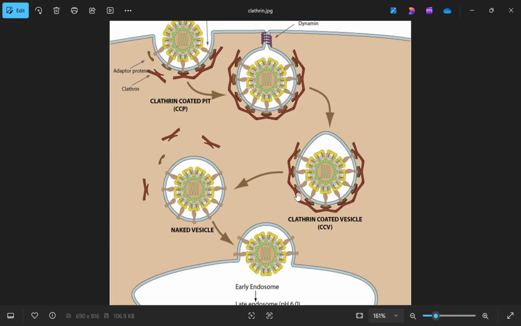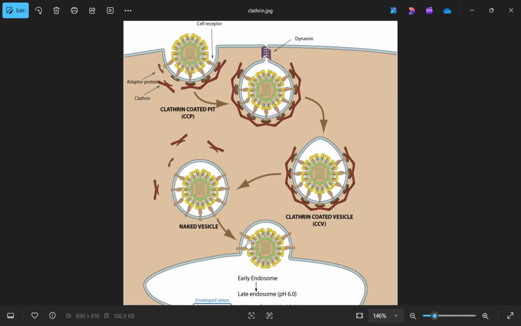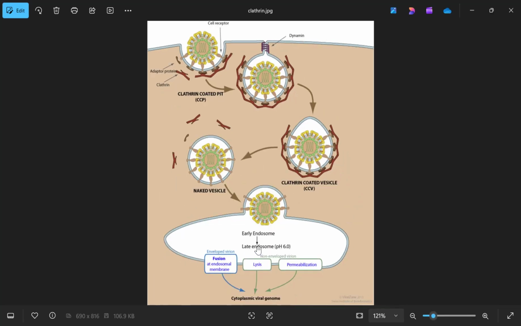And what happens is then the clathrin coated vesicle will start to become what they call naked, where the adapter and the clathrin comes apart, and then it will end up going into an endosome, and that early endosome will break up the actual shell of the virus and allow for the genome to go into the cytoplasm for replication and transcription.